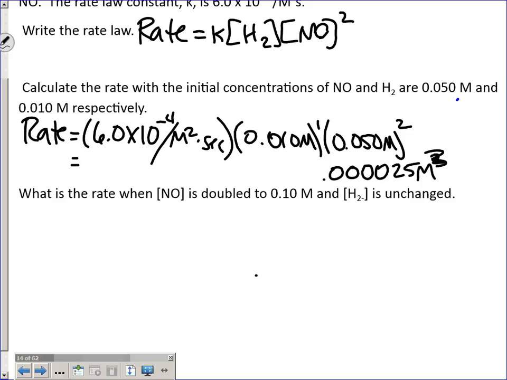This is cubed, right? Because that's molarity times molarity squared. And so what units are going to cancel? Two of the molarities, leaving us with 1 molar on top, and the second stays on the bottom. So we're good. Rate's going to be molar per second. That's what rate should be. So then what's 6 times 10 to the negative 4th times this?